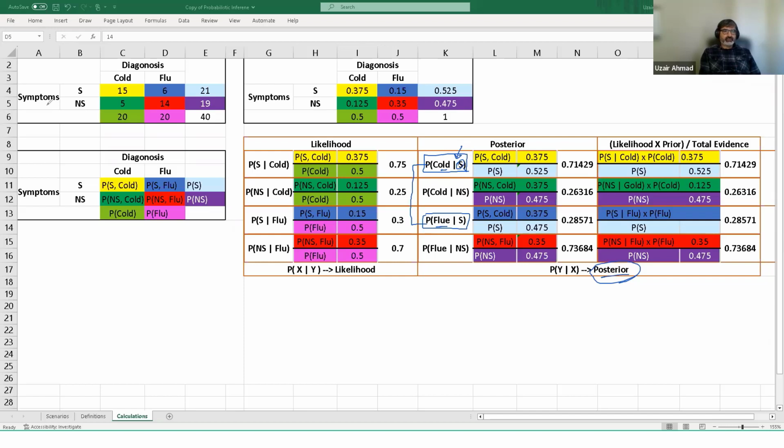After knowing the value of input X, we want to predict the value of Y, right? Our target variable is diagnosis. We want to predict class of target given input. After we know the input, then we predict post evidence, right? Post evidence. That's why we call it posterior probability. Would you agree with this name, posterior?